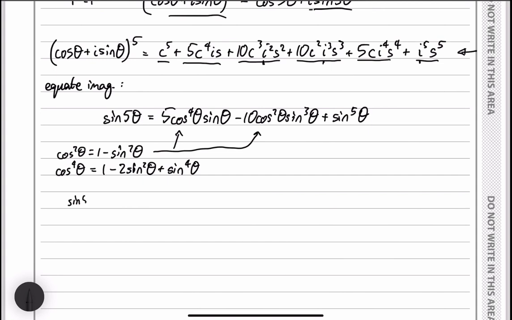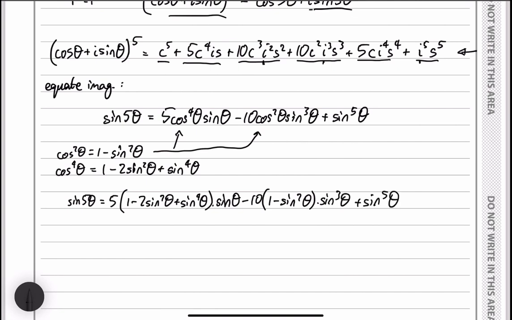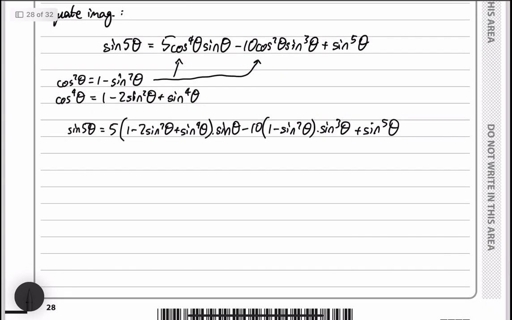So sine 5 theta is equal to 5 lots of 1 minus 2 sine squared theta plus sine power 4 theta times sine theta minus 10 lots of 1 minus sine squared theta times sine cubed theta plus sine power 5 theta. Expand it all out, collect it all together, and hopefully it's what we need.